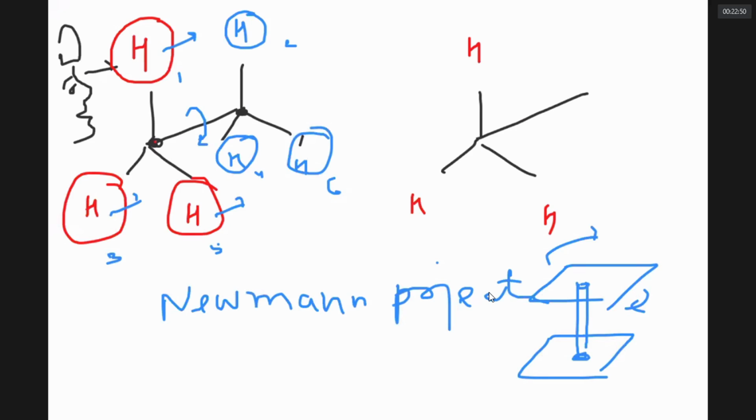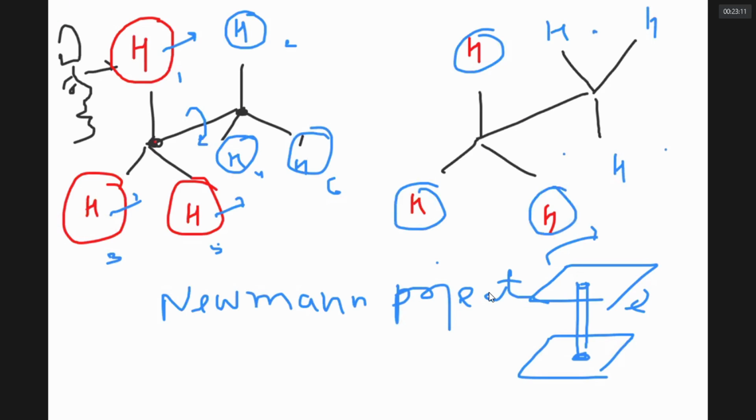When you rotate, suppose by 60 degrees, the second set of hydrogens go like this. Now this hydrogen is not masking anything there. This hydrogen is not masking anything there. This hydrogen is not masking anything there. Notice that here both hydrogens are as close as possible. Here these hydrogens are as far away as possible. Can you see that? Yes, sir, we are able to see.